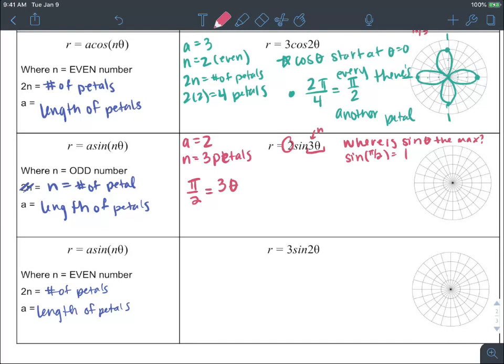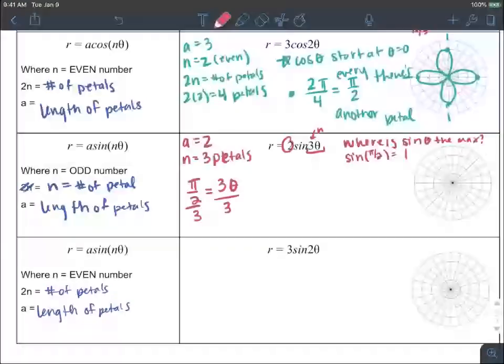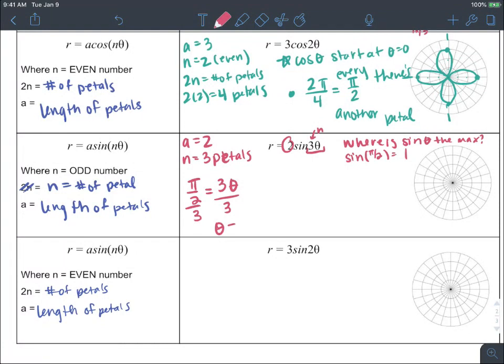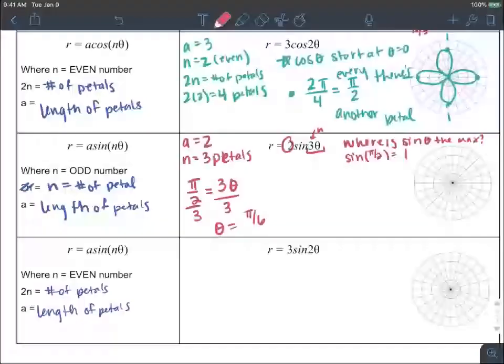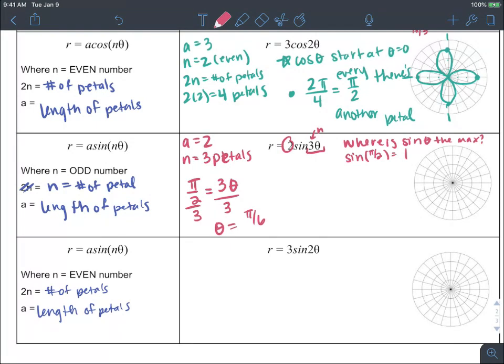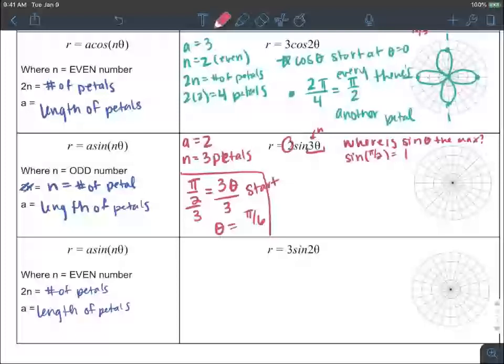And so what that makes me do is divide by my n, and I get theta is equal to pi over 6. Okay. So I'm going to start at pi over 6. This is my start. So you always take pi over 2 and you set it equal to n theta. So pi over 6.